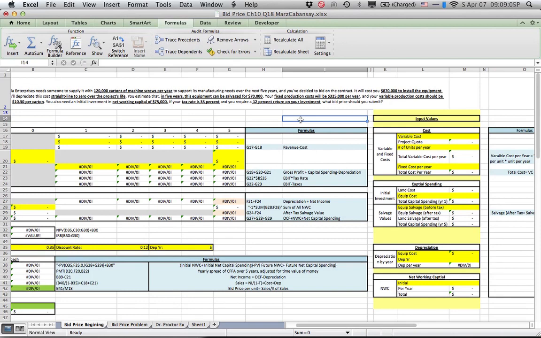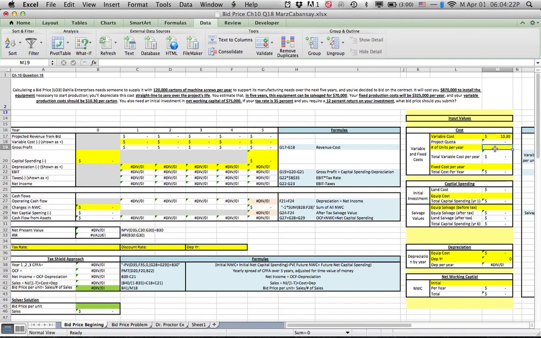Okay, so we will be starting with the input values. The first thing we will be looking at is the cost. The variable cost based off the problem is 10.3, and then the project quota, which is just a calculation of the number of units per year times the number of years.